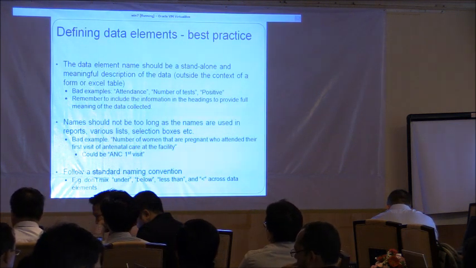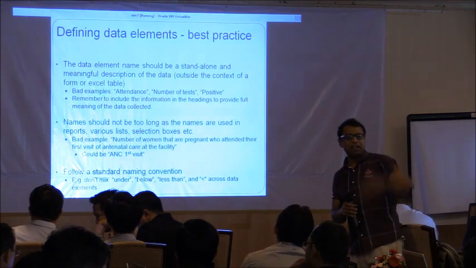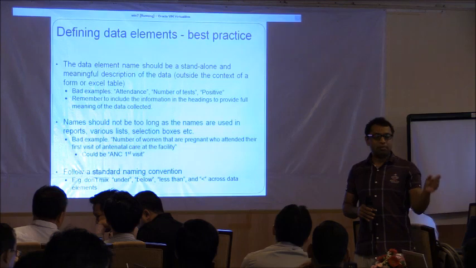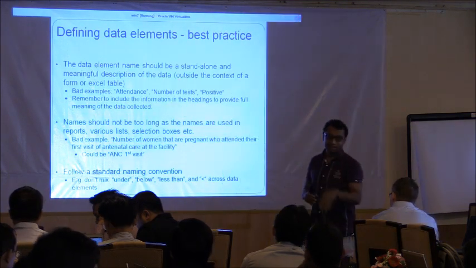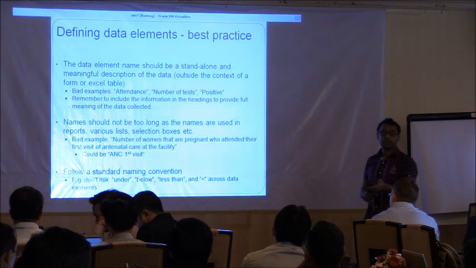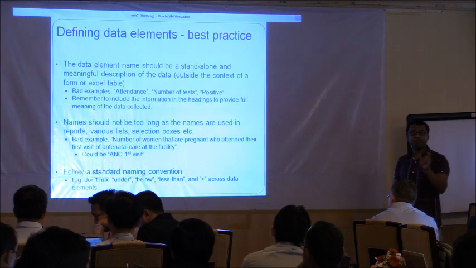This is another thing. When we define a data element, in the forms we have a big description, for example, number of pregnant women given TT first vaccine during their first visit of ANC. Let's not write all those things. Those are descriptions. You can write them in the description, but the name should be short.